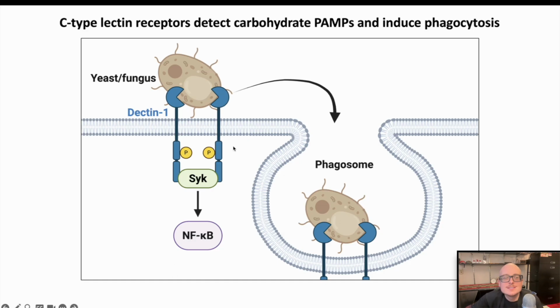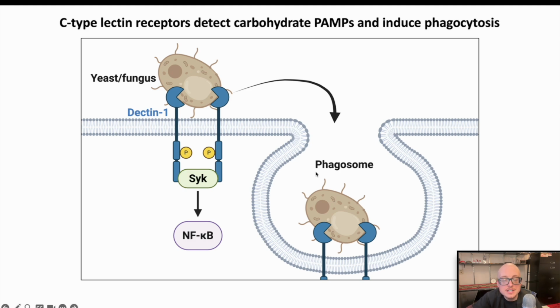I've really simplified the signaling downstream of dectin-1 here, but just like basically all other immunoreceptors, it also needs the help of a receptor-associated kinase. In this example, it's a kinase known as SYK, which will also lead to the activation of NF-κB, just like we saw previously. So this NF-κB is going to lead to inflammatory transcription. But in addition, simultaneously with the induction of inflammatory transcription through NF-κB, C-type lectin receptors are somewhat unique in that they also induce phagocytosis.